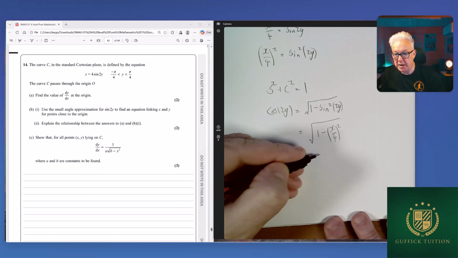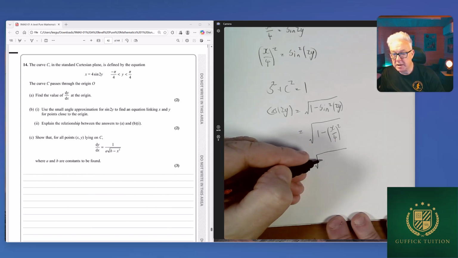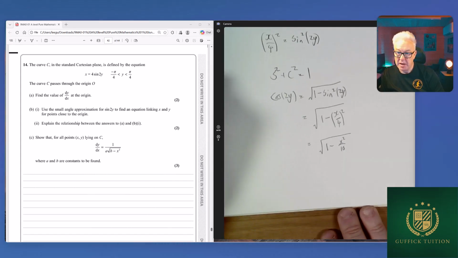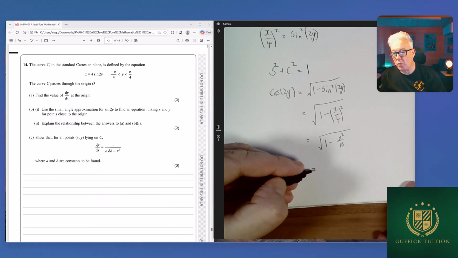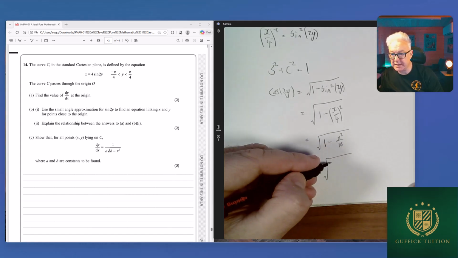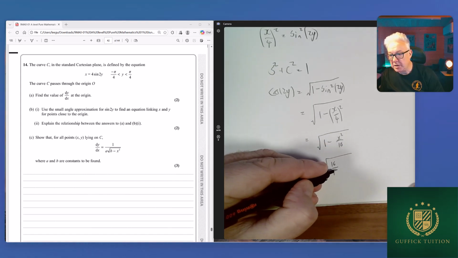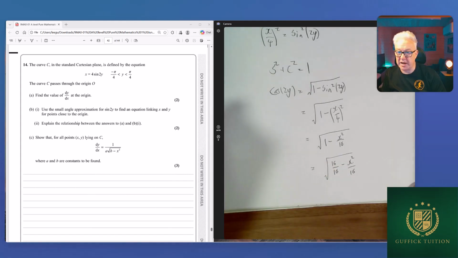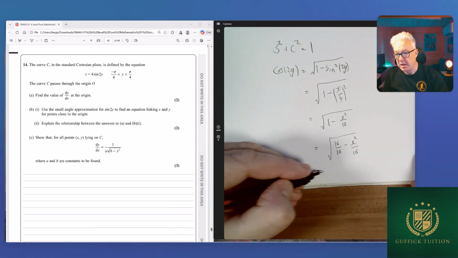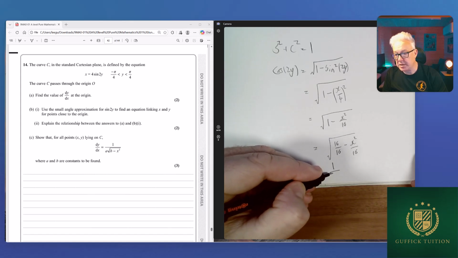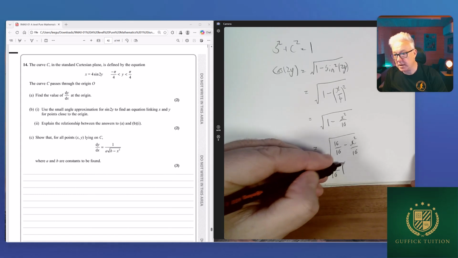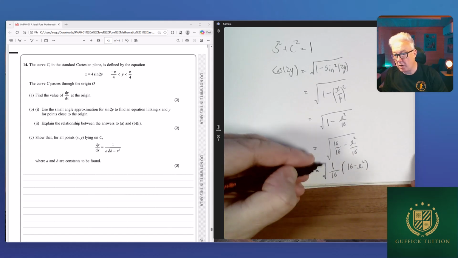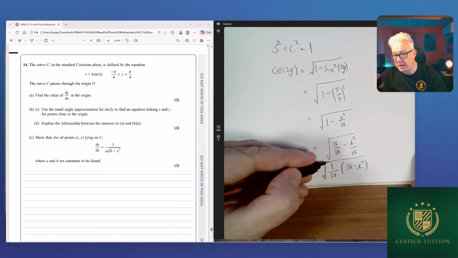What we're going to do here is rewrite this as 1 minus x squared over 16. And I'm going to reimagine the 1 as being 16 over 16. You'll see why in just a moment, because that's going to enable me to take out a common factor of 1 over 16. So this is 1 over 16 times by 16 minus x squared, and that whole thing is square rooted.